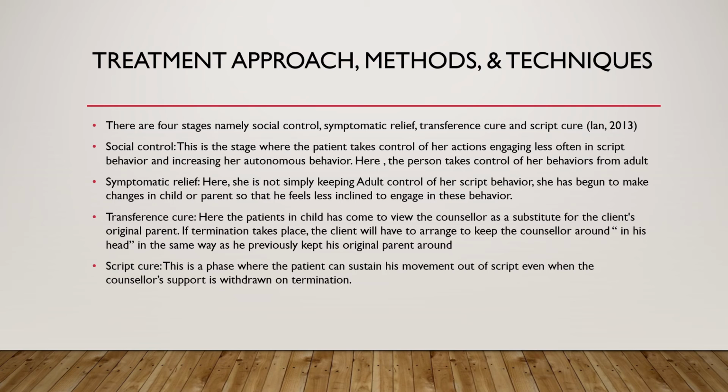Transference cure: here the patient in child has come to view the counselor as a substitute for the child's original parents. If termination takes place at this stage, the client will have to arrange to keep the counselor around in his or her head in the same way as he previously kept his original parent around.